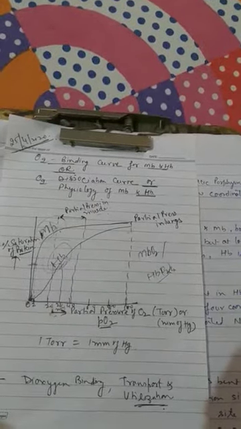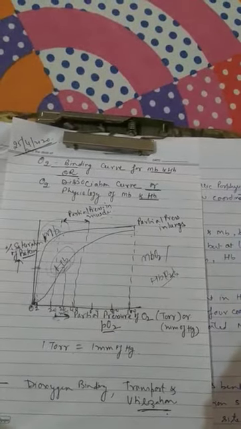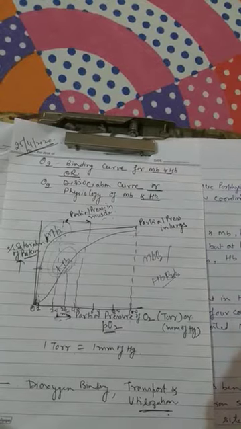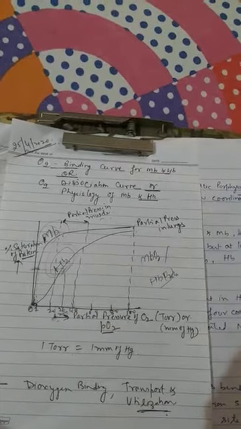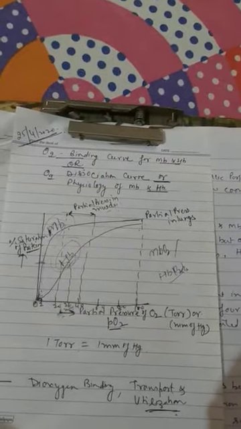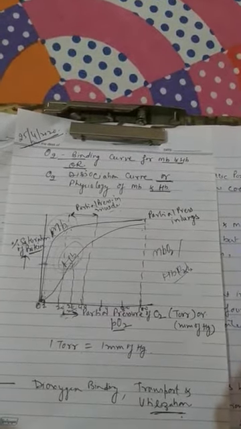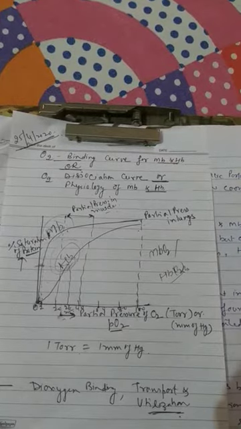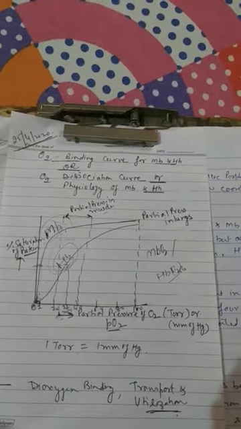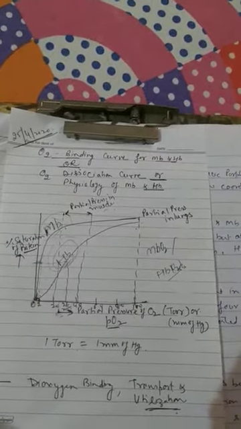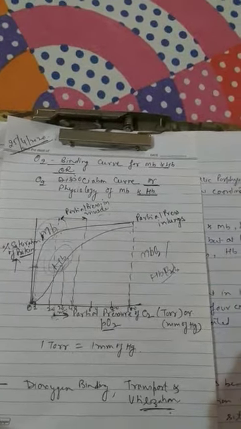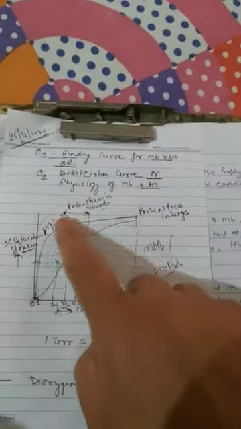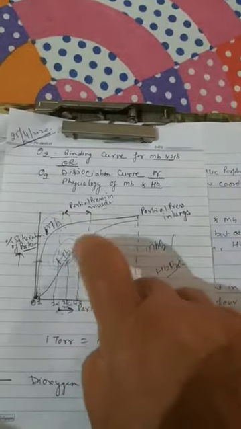Or conversely, the release of an oxygen from one site on hemoglobin makes the other occupied site more likely to unload oxygen. So this is about the basic nature of the two curves and their functions.